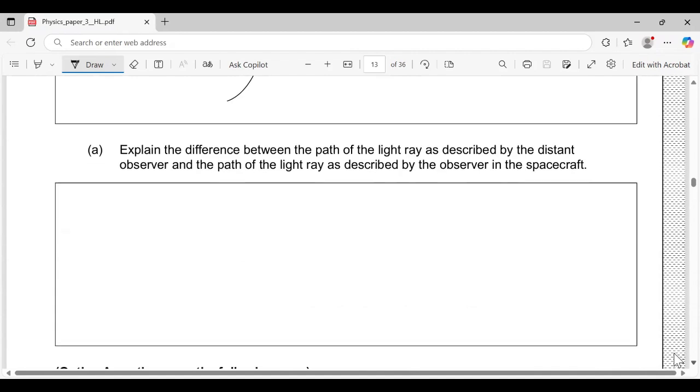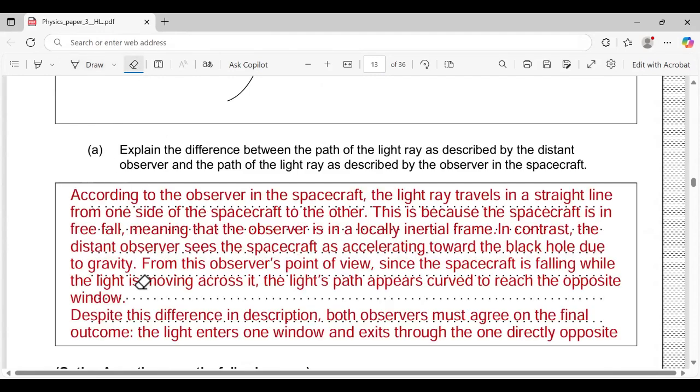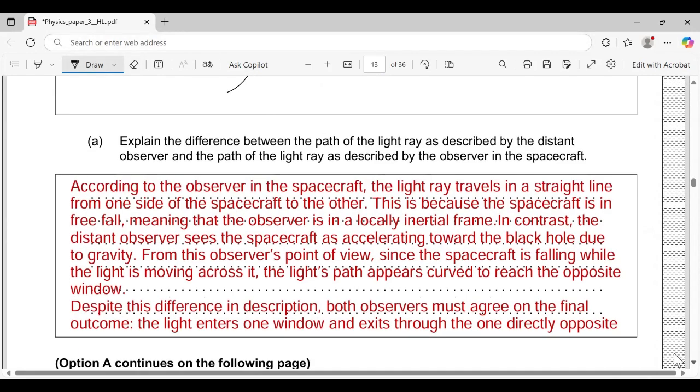Explain the difference between the path of the light ray as described by the distant observer and the path as described by the observer in the spacecraft. I have provided my answer about this question. Let's continue to the next question.